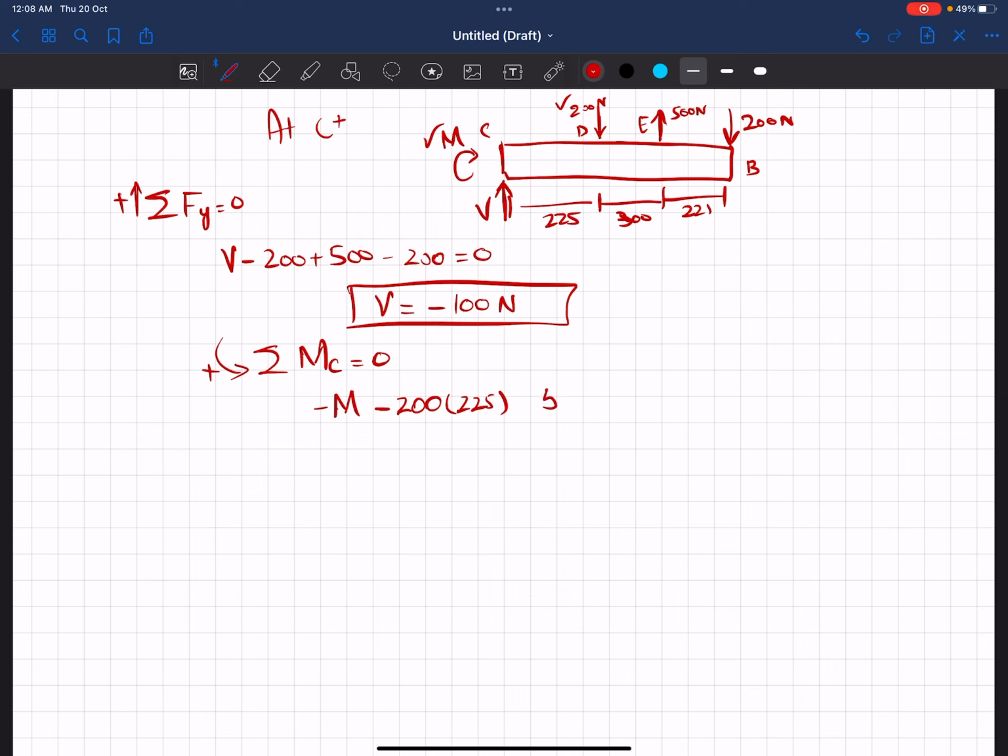The other moment about point C is due to 500, so 500 into perpendicular distance 525, and that is counterclockwise, so it will be positive.